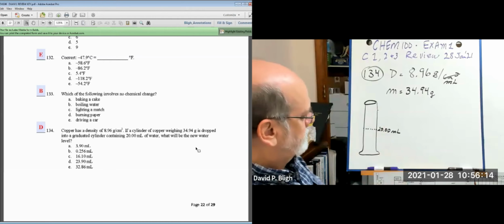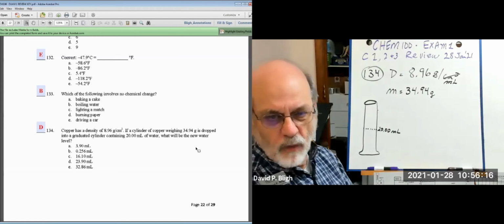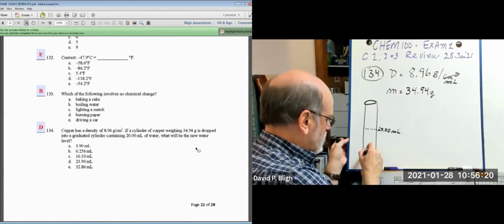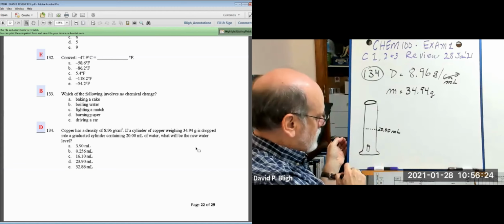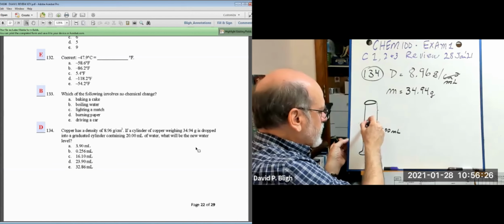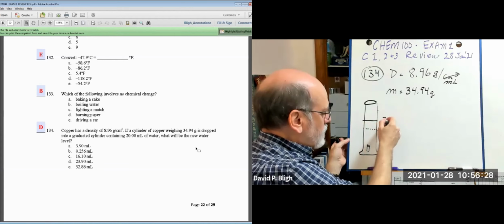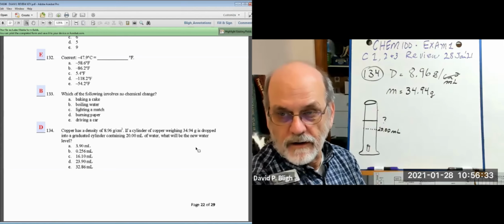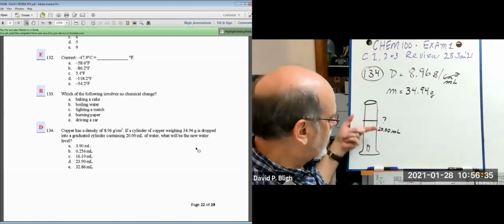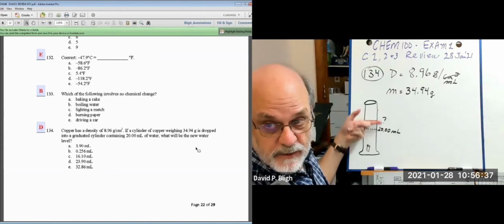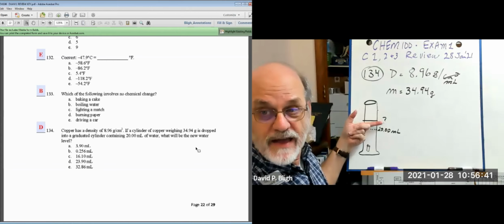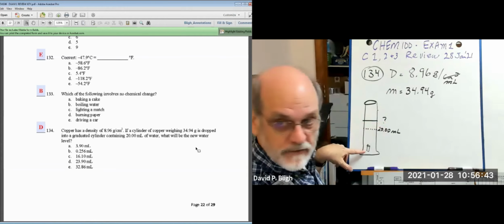There we go. So what's going to happen when we drop the copper in there? The level's going to come up somewhere, right? And that's the value we want. So how do we get there? Well, we have to add the displacement to 20, right, to get that value. And where do we get the value for the displacement? The volume of the copper.